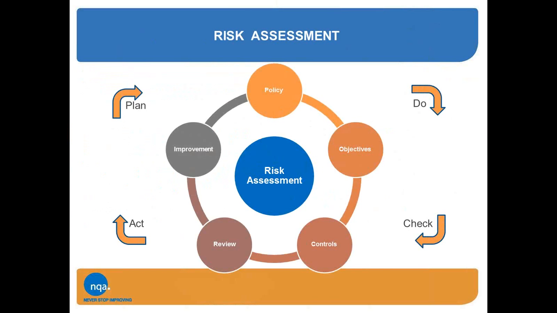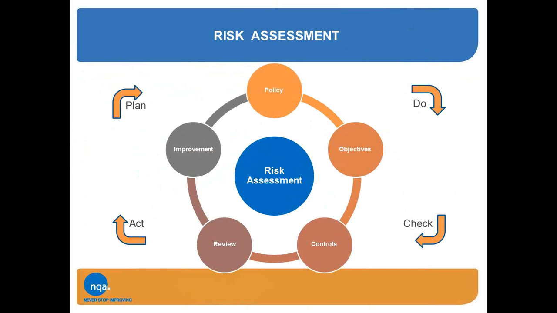The objectives drive forward the improvements that we need to achieve or that we desire to achieve. The effectiveness of the control and the actual operational controls that actually in reality take place. Reviewing all that information that's being generated, the number of accidents, incidents, etc. Using that then for improvement, and the cycle begins again.